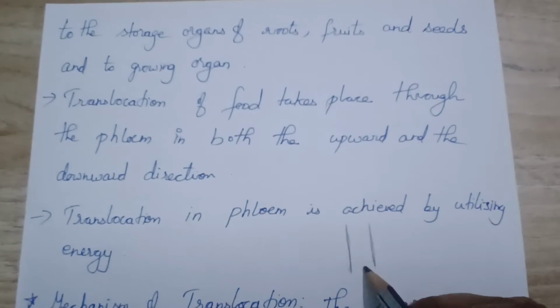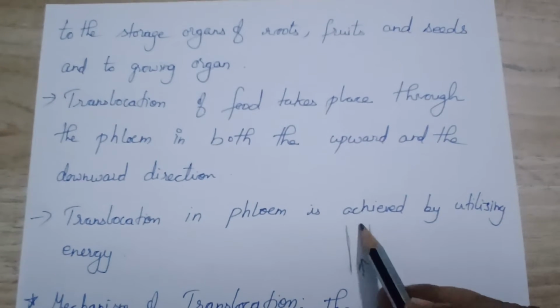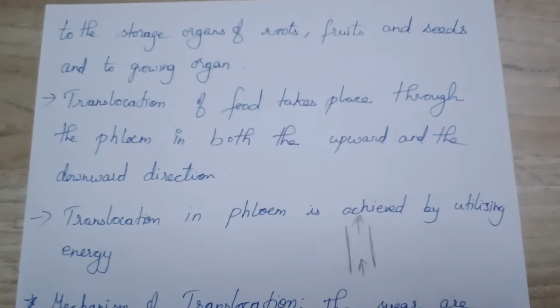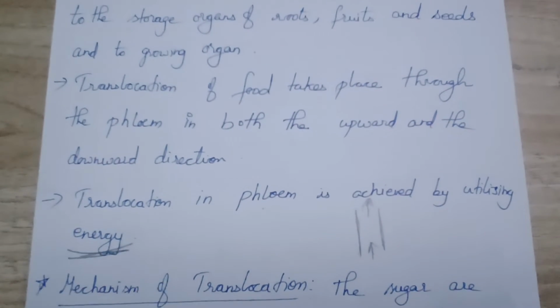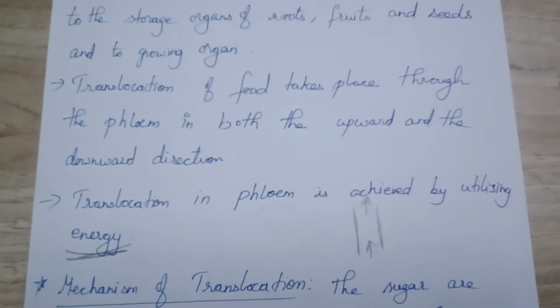Only by physical force, by root pressure, or by suction or pull, it is moved, right? But translocation in phloem needs energy. When it needs energy, the cells must be alive. That's why most of the cells of phloem are alive, living cells.